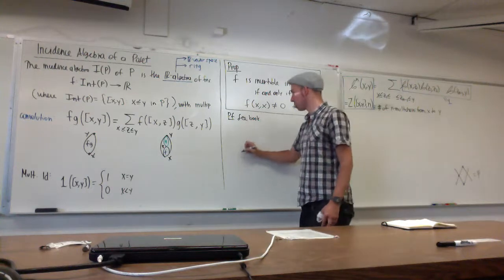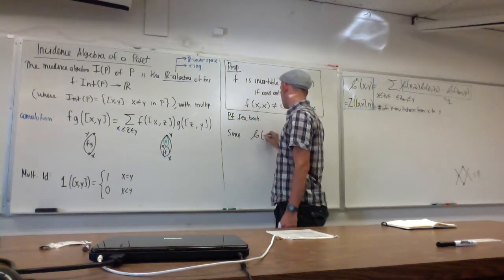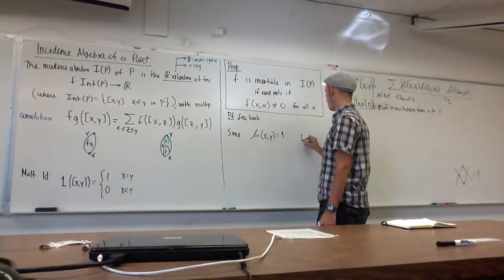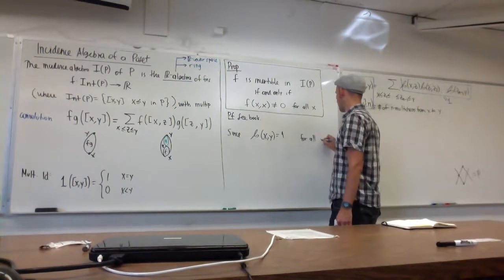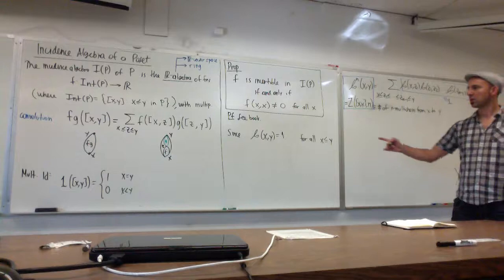Now, since the zeta function is always equal to 1, that means that it's invertible, right? Because it satisfies this property.